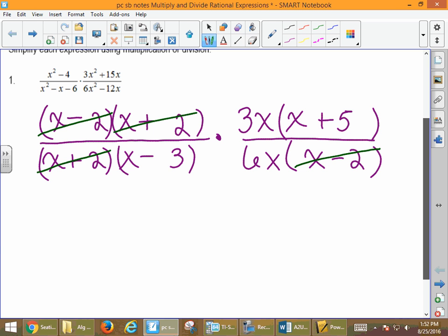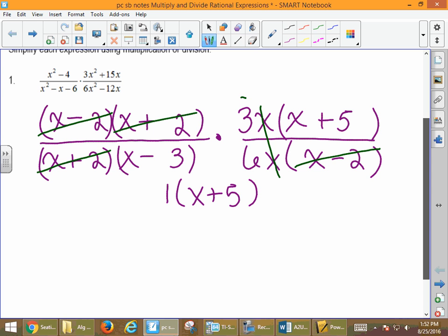And then I don't see much more, but actually as I'm looking a little bit closer, x divided by x is 1. And so nothing's going to cancel out with the x plus 5 and the x minus 3, but can we simplify 3/6? 3/6 becomes 1/2, so we've got 1 times x plus 5, that's still up here in the numerator.